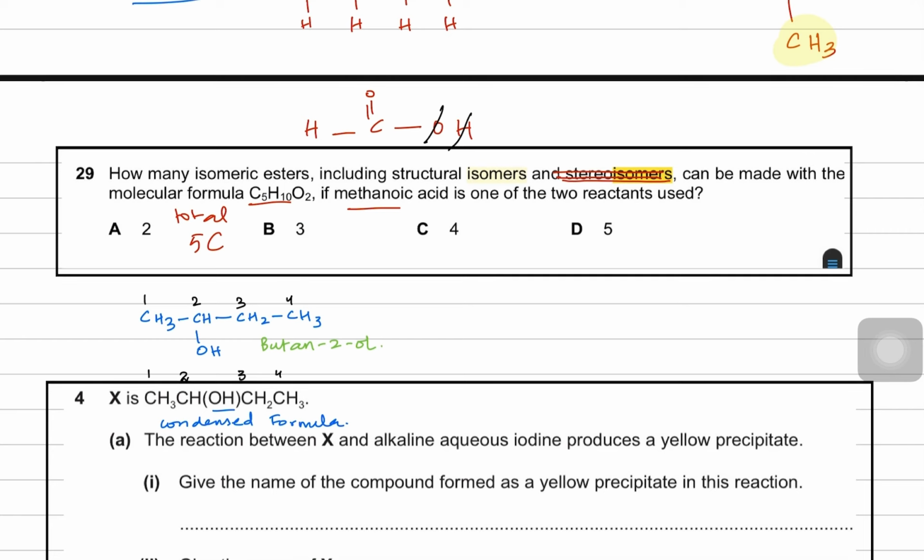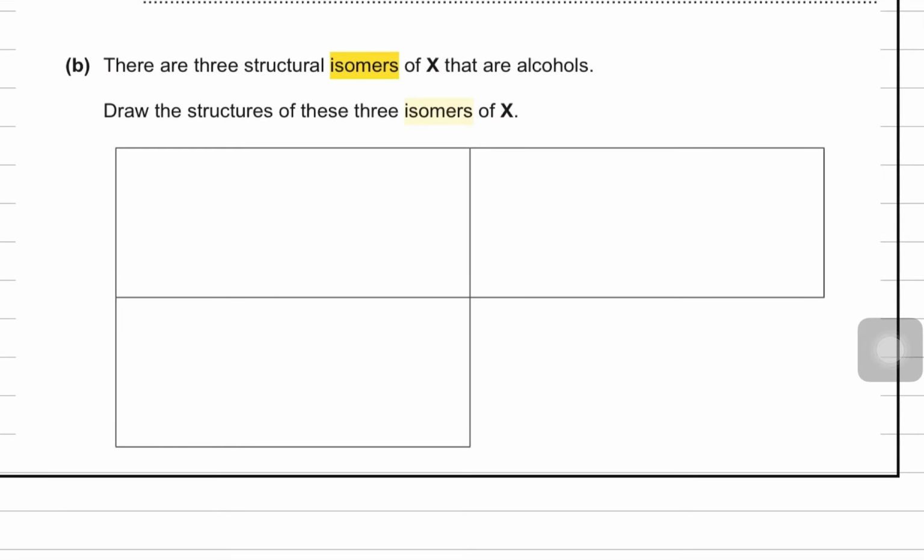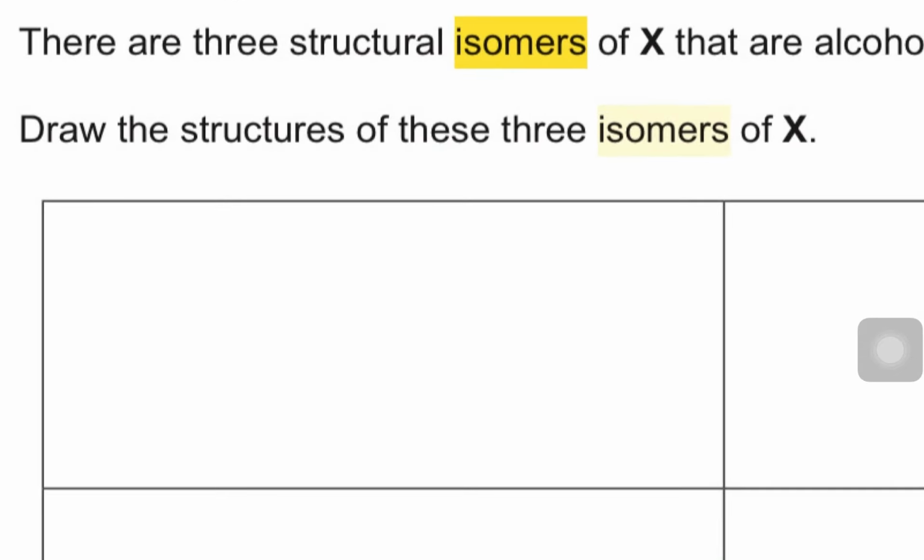The first thing you can do is make a branch. So instead of writing the 4 carbons in a line, you can make a branch. How will we do this? Let's zoom in. You can have 3 carbons in a straight chain. The OH would still be on the second carbon, but now you can have the first carbon, like the missing carbon, as a branch. This is your straight chain.